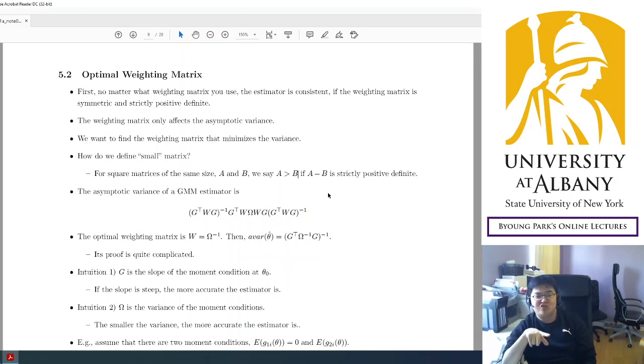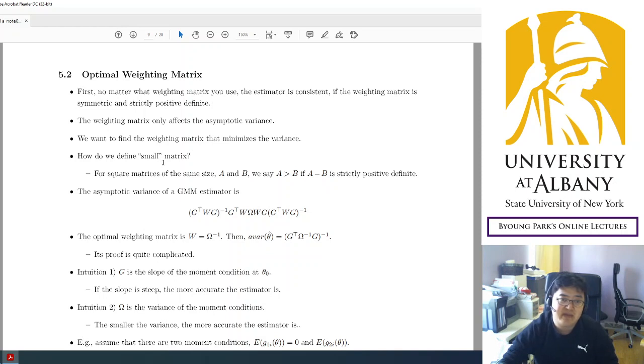If you choose this weighting matrix, the asymptotic variance will always satisfy this strict positive definite condition. That's one of the reasons why I said the theory is beautiful. And now we know how we set our objective.